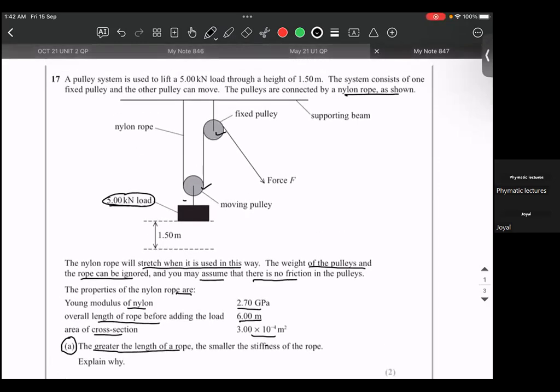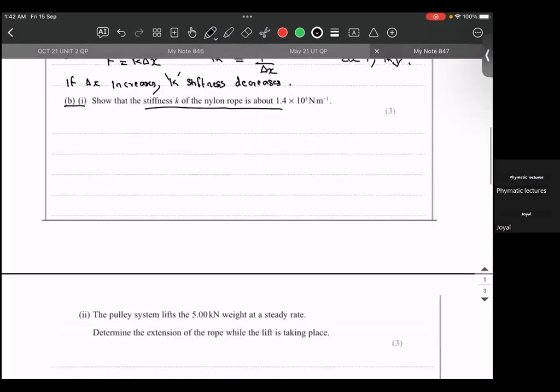As a result, what happens? This will extend. So the force that is responsible for the extension is F, because F has some direct relationship with the 5 kilonewton load. So we can keep that in our mind.